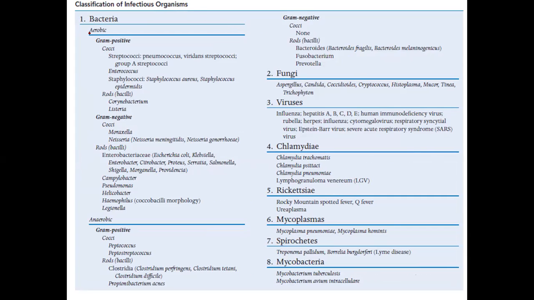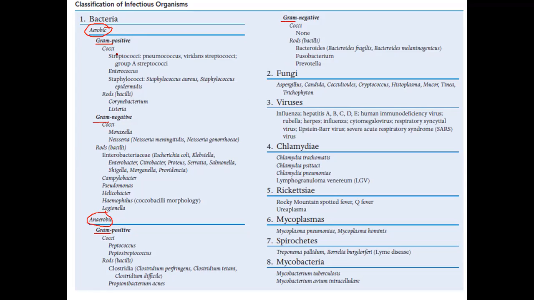Now, the ones I would like to look at basically are the bacteria. Consider this an overview: we have the aerobic organisms and the anaerobic organisms. Under these, we have the gram-positive and gram-negative organisms. That also applies to the anaerobic ones, gram-positive and gram-negative organisms.